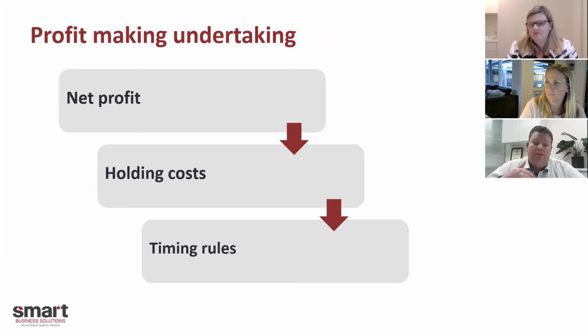Again, holding costs in this case will be added to your cost base and will reduce the amount of income on the sale of the property rather than being deducted in your return as you go. So that's probably the main difference between profit-making undertaking and the business of property development. Again, the timing rules, it is recognised at settlement.